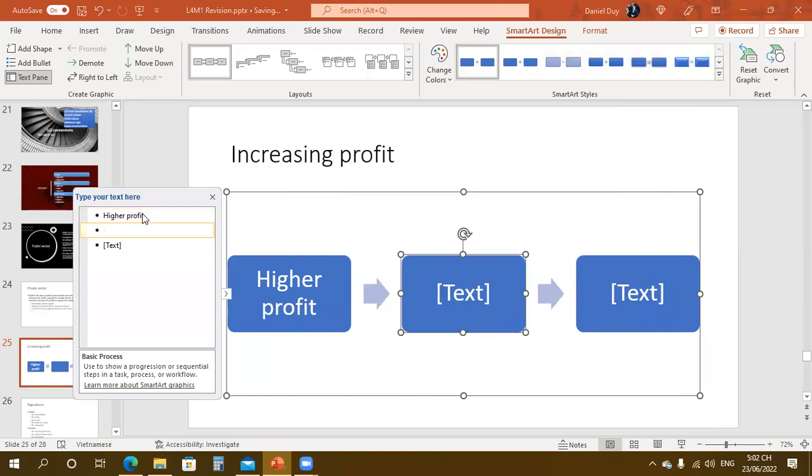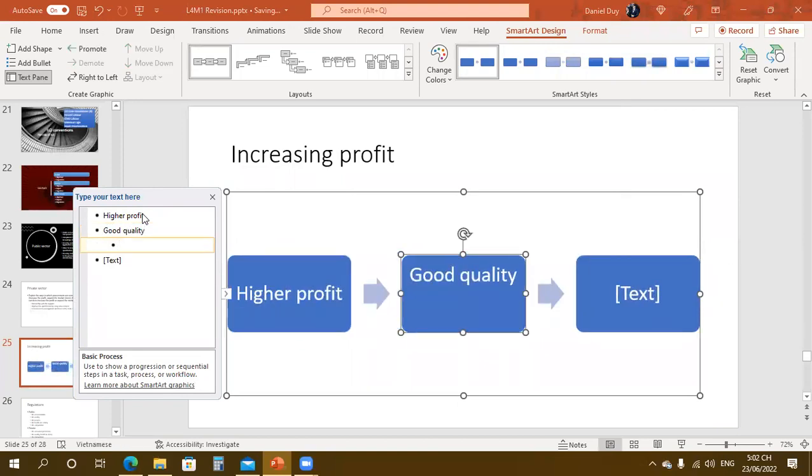To increase profit, we must have good quality and affordable products. What can procurement do to achieve these objectives?